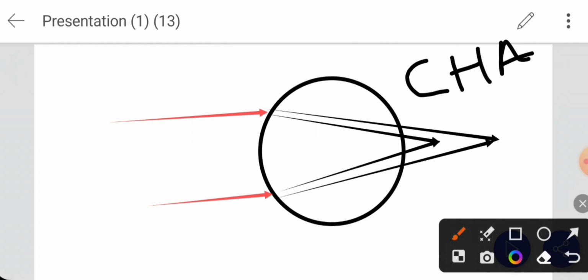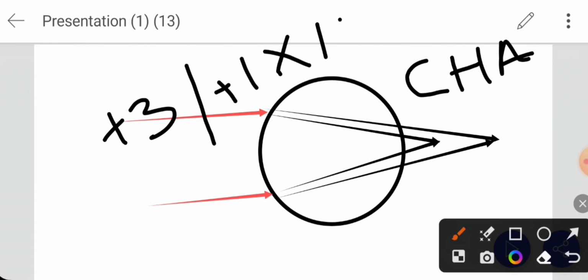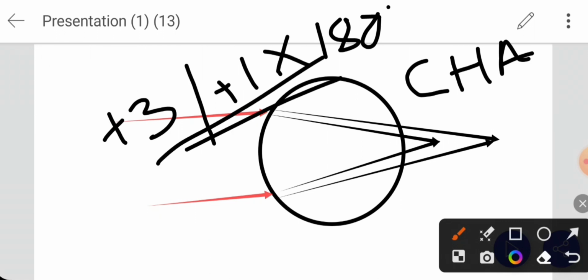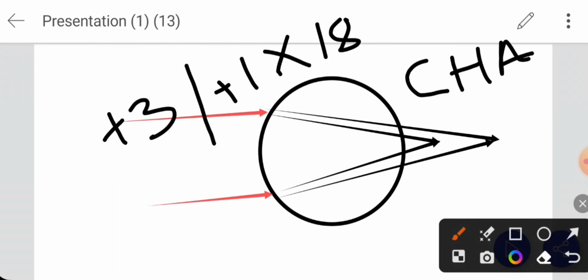So what is the example for that? The example is very easy. That is +3 with +1 at 180 degree. So that is the example of compound hypermetropic astigmatism. This is how you need to do the refractive diagnosis properly. I am giving you the examples as well so that it will be easy for you to understand.